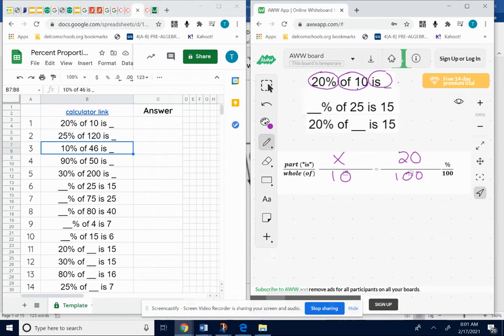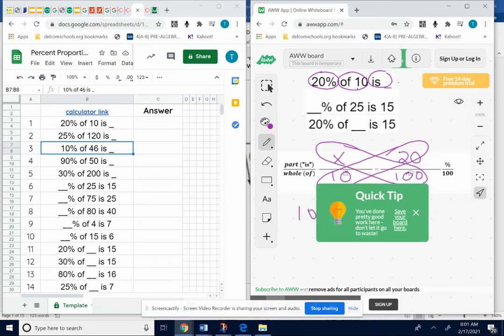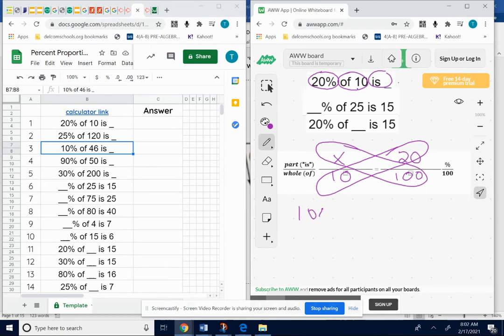To solve this proportion, we did it a longer way earlier in the year. Maybe just do it the shorter way for this lesson if you want to. You know 100 times x has to equal 10 times 20. So the trick is multiply the 10 times the 20. You can do that in your calculator if you need to on some of these. 200.